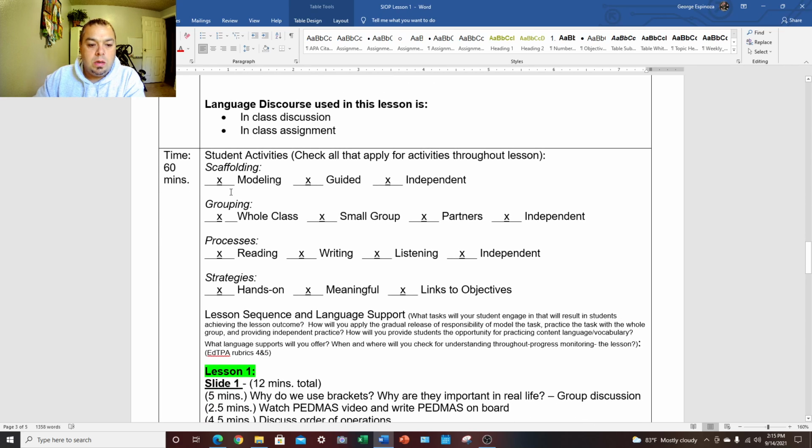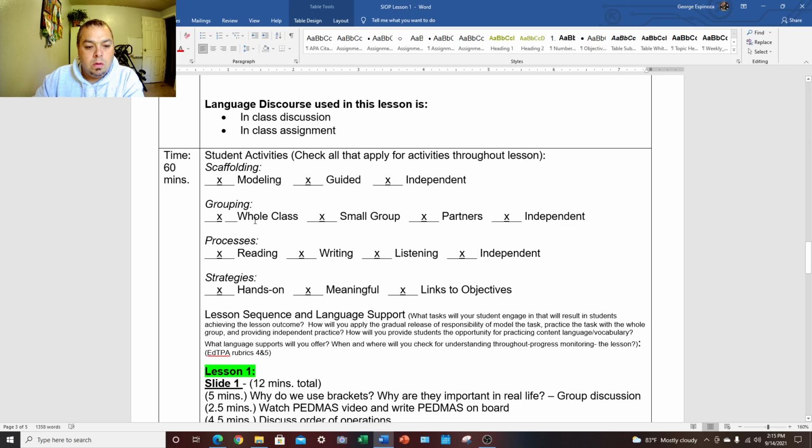As shown, student activities will be scaffolded, grouped, and include processes and strategies. What I identified is that this lesson pretty much covers all of them. There will be modeling by the teacher, there will be guidance by the teacher, and there will be an opportunity for independent work.